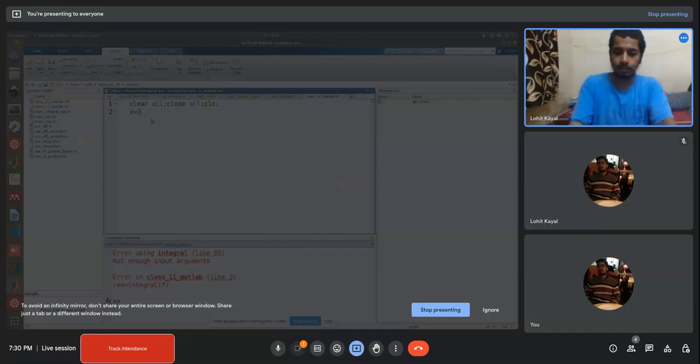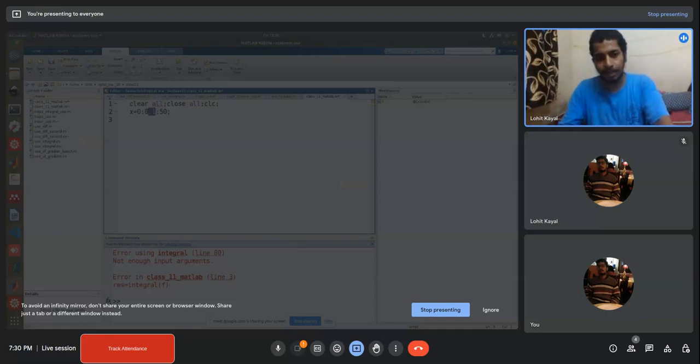Let me define a vector, from 0 with step 0.1. Previously the limit was infinity. Here I cannot write infinity, maybe 50. 50 is quite a large number. First let me take a large step size, maybe 3. Let's see.